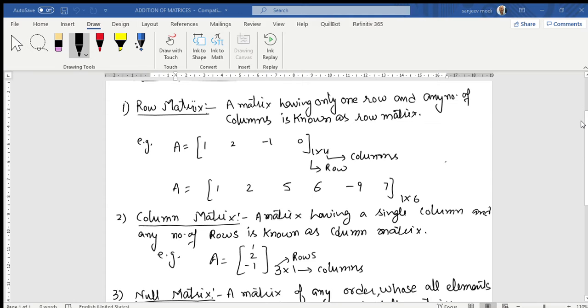Now we come to another portion, the diagonal matrix. This is another type of matrix.